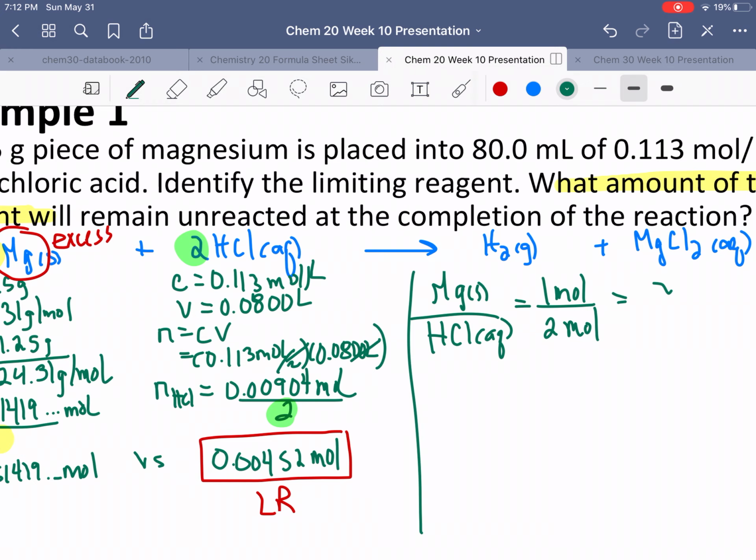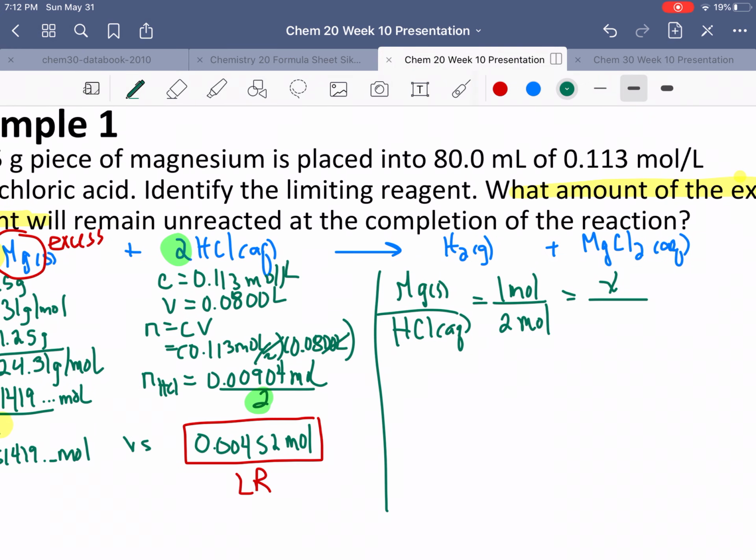We want to say X, how much magnesium reacts when, now I'm not going to put the 0.04 here. I'm going to go back to the original that actually reacted, right? The 0.00904 moles. Same math we've been doing, cross multiply and divide.